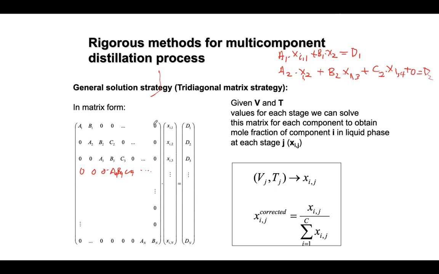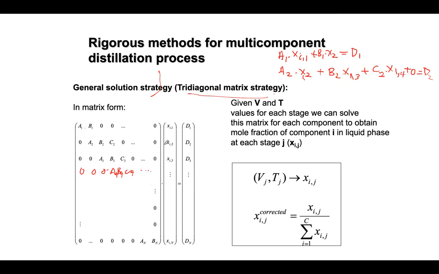So we actually do with the matrix calculation, you try to change these equations into the form of a matrix. And we also know, in the general strategy, if we have a tridiagonal matrix, you will learn in calculus how to solve them simultaneously.